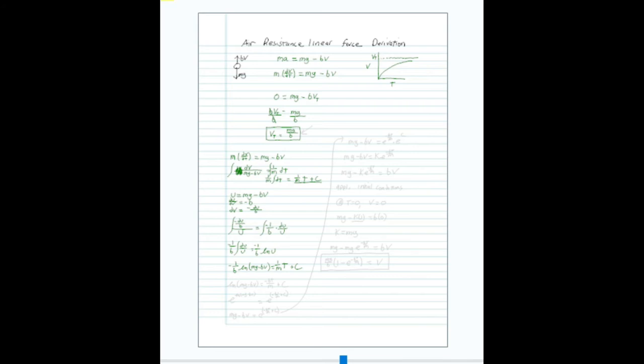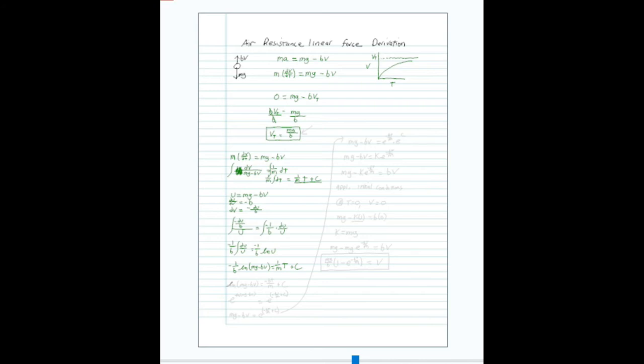It's a whole lot of algebra to get us to the end. Okay, so we need to clean up the algebra and basically get v by itself, and that's going to take several steps. So what I'm going to do is multiply both sides by negative b.